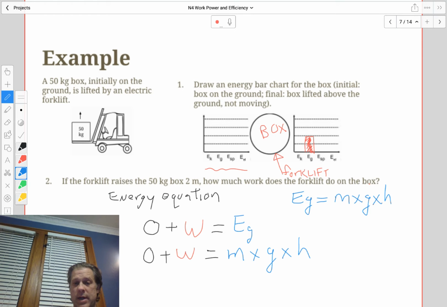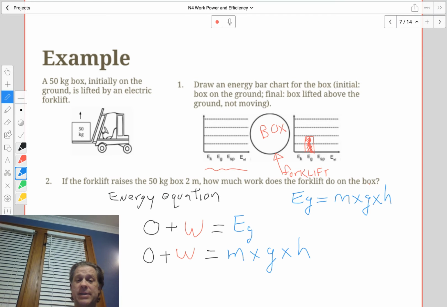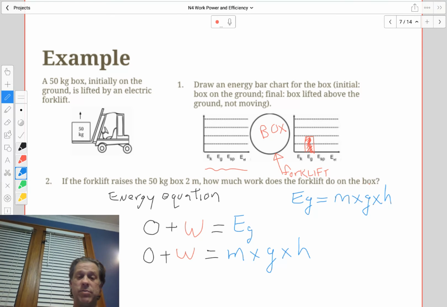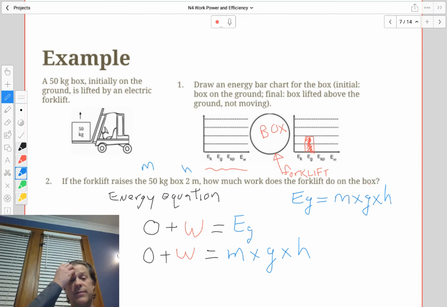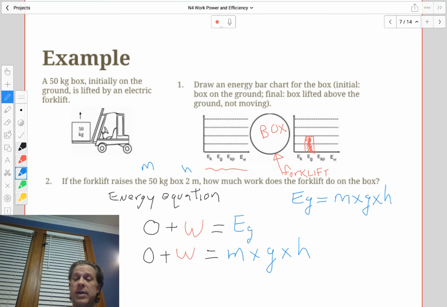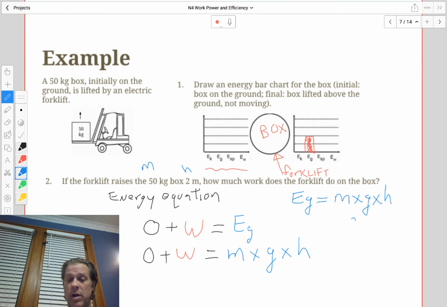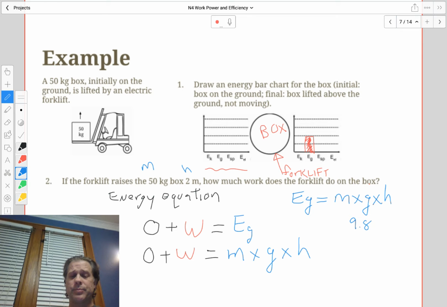So in this case, looking back at my problem, I see that the box is being lifted 2 meters, so that's my height. I see that the mass is 50 kilograms, and gravity has always been and will always be 9.8.